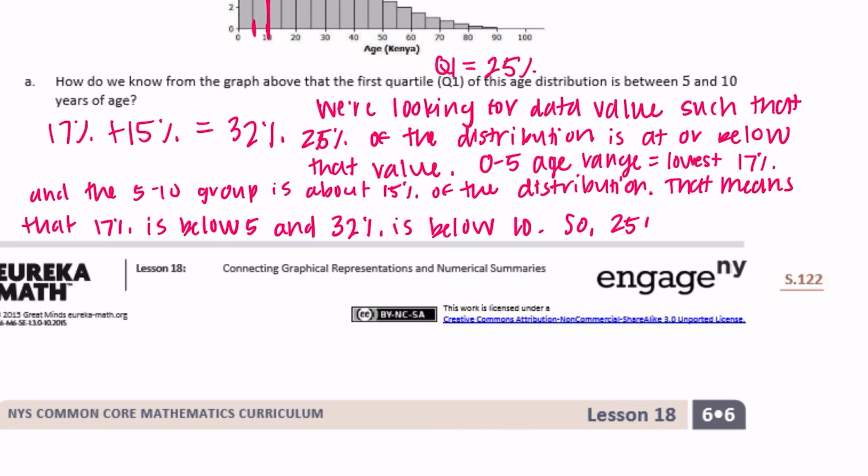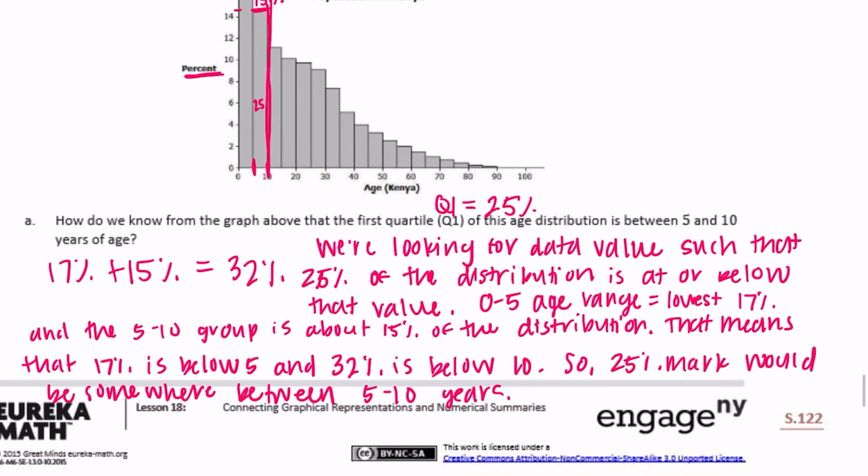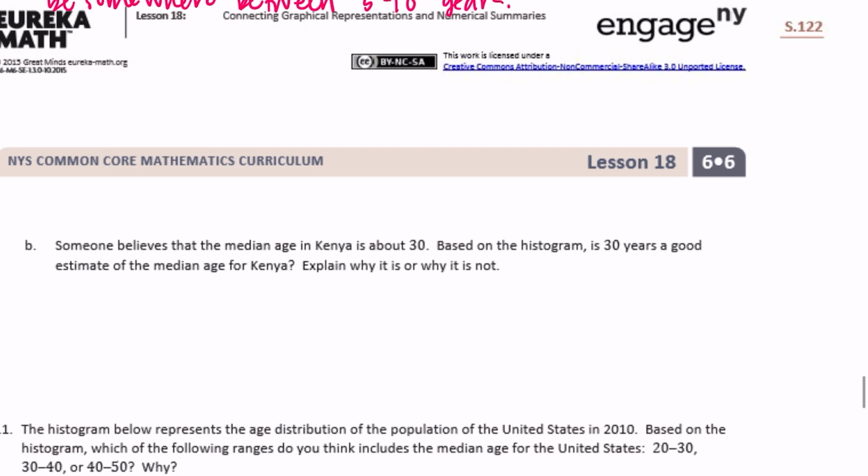So the 25% mark would be somewhere in between 5 and 10 years old. Okay. I feel like we explained that pretty well.